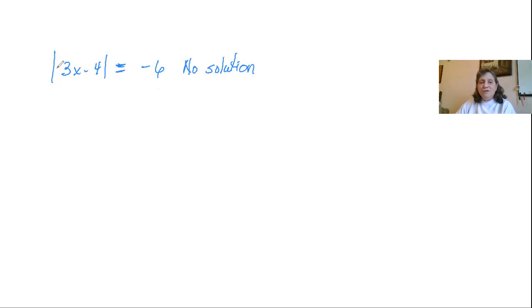Now, before you change it to equals the positive and negative, you have to have just the absolute value over here. I could conceivably have had negative 2 times the absolute value of 3x minus 4 plus 5 equals negative 7.